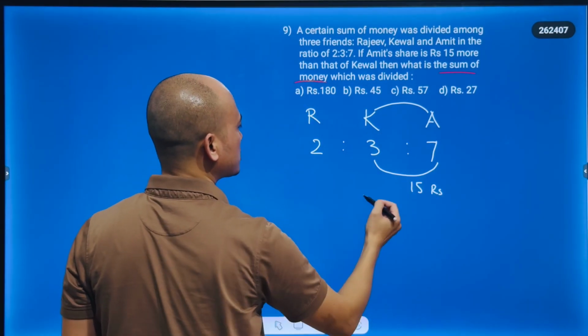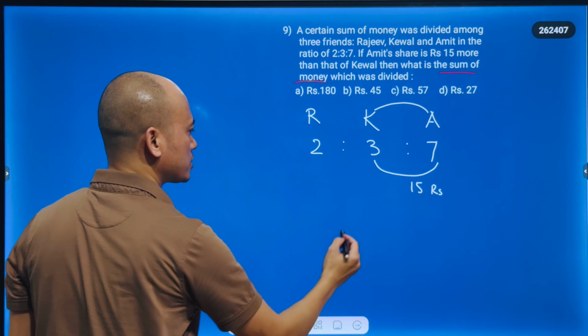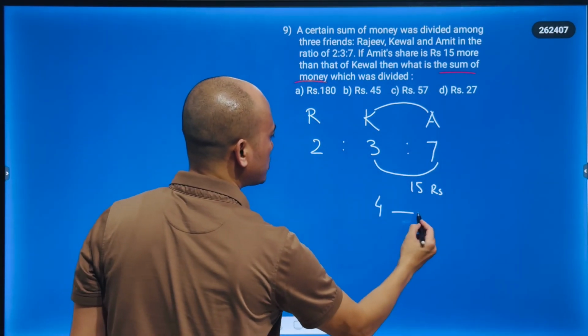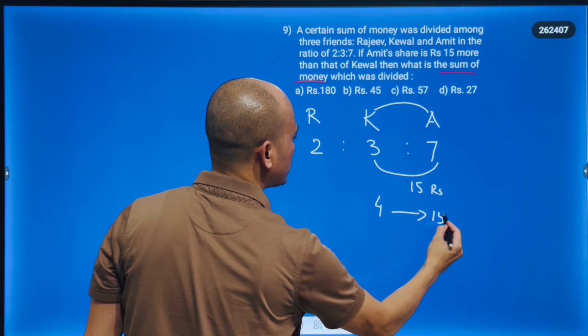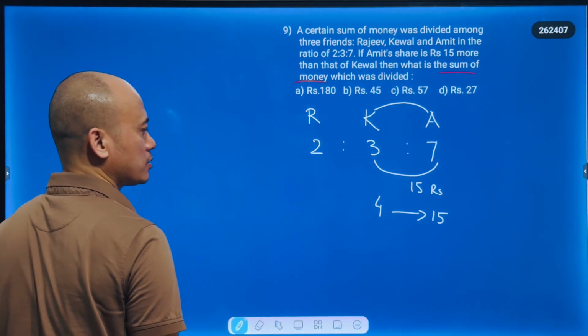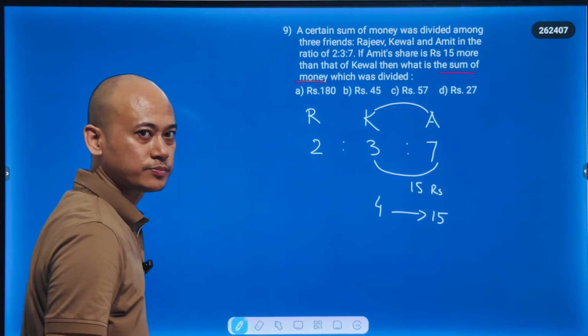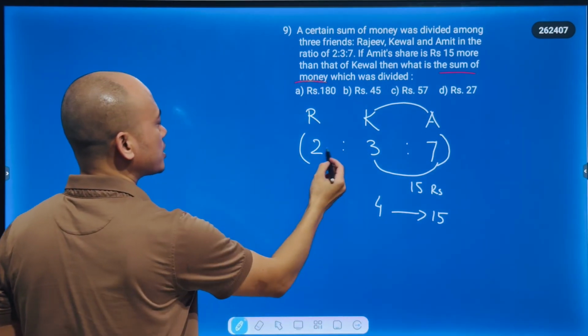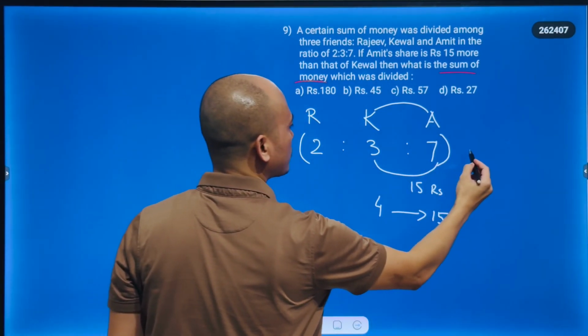The difference between 7 and 3 is how much? It is 4 units. So 4 units is equal to 15 rupees. Now the total units: 2 plus 3 is 5, plus 7 is 12.